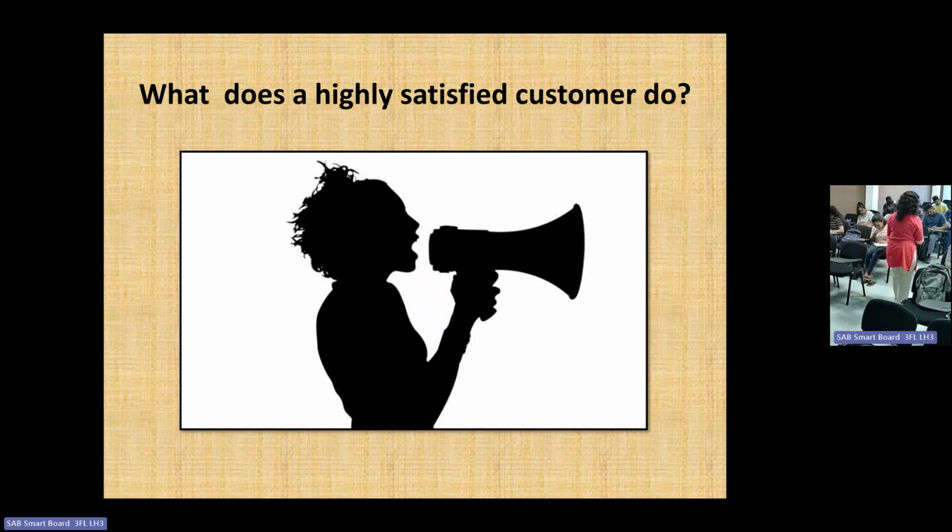What is the behavior of a satisfied customer? You just put it to yourself. Okay, if I am happy with a particular product or a service, I will do this, this. So likewise, at least identify 3 things that you would do.